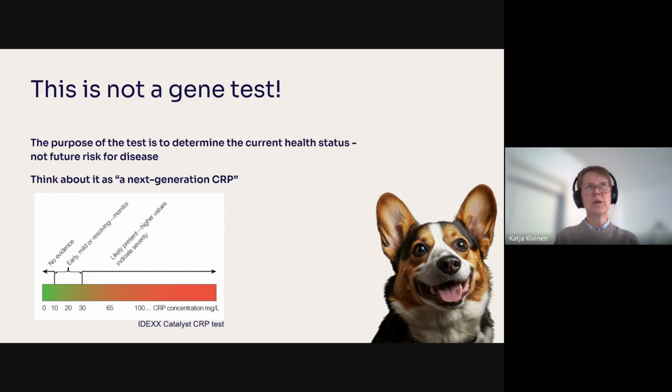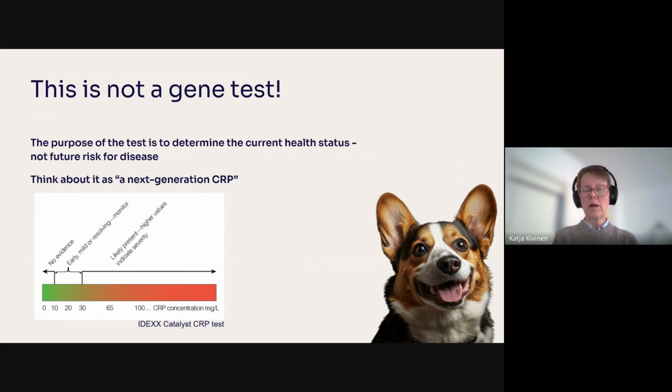They are not trying to predict what the dog's future risk for disease is. So in that sense, our test, for example, works as a next-gen CRP. And if you look here, there's an image I took from the IDEXX Catalyst CRP test brochure. Our test works in a very similar way.